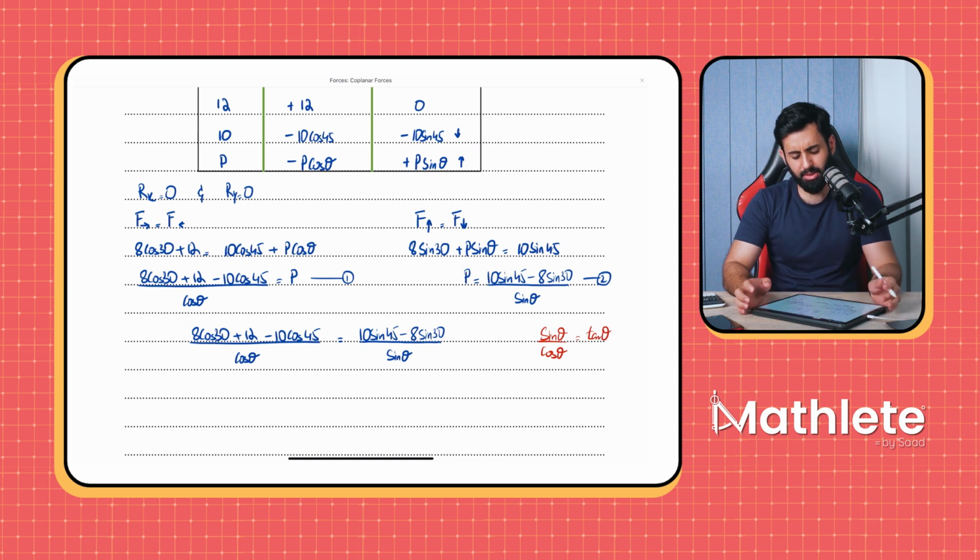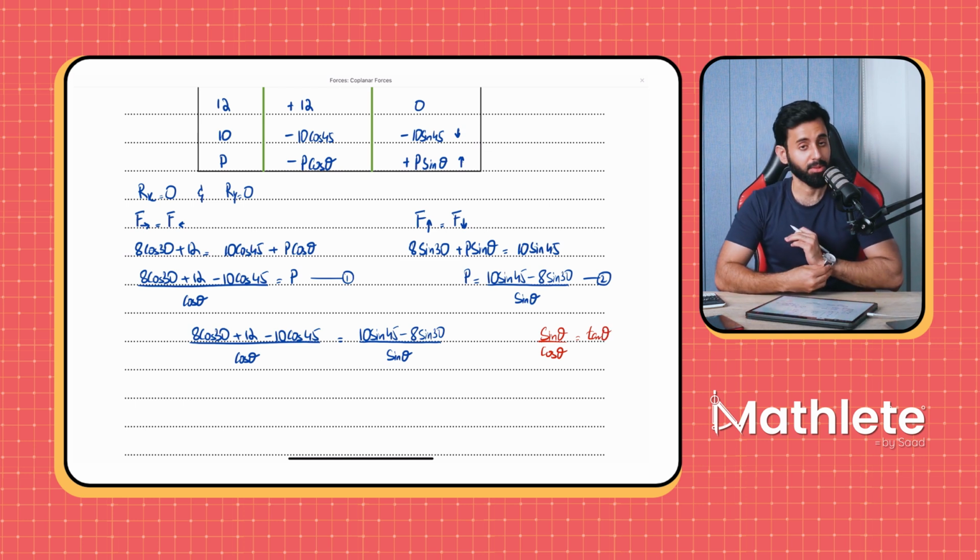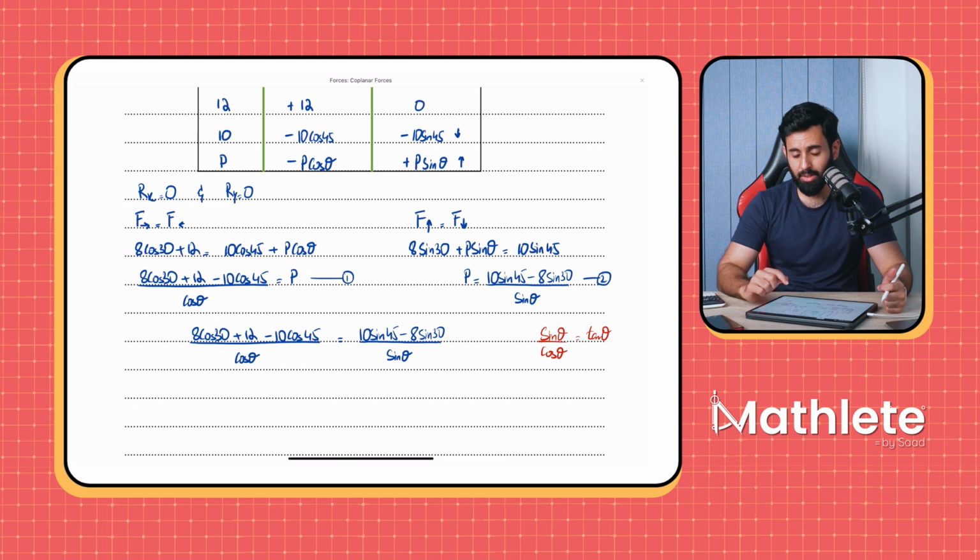Now, if you're an AdMath student, this is something you would know. If not, just remember that this is an identity: sine theta upon cos theta equals tan theta. And there's another identity we might have to use, which is sine squared theta plus cos squared theta equals 1. Not in this, but in some questions.